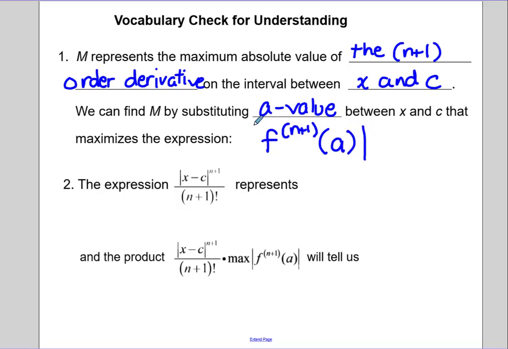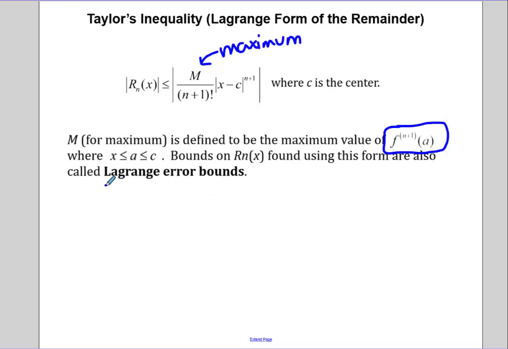Okay? And we called this the Lagrange error bound.